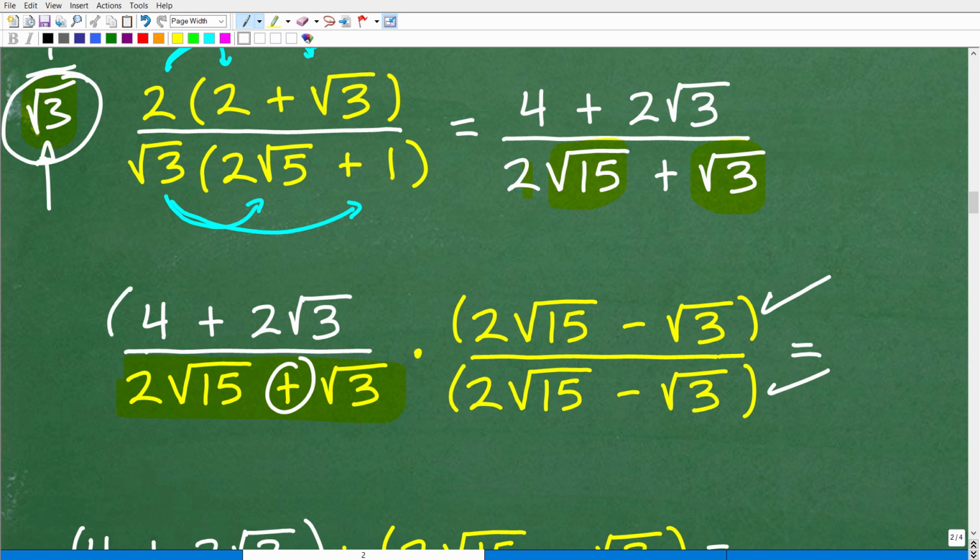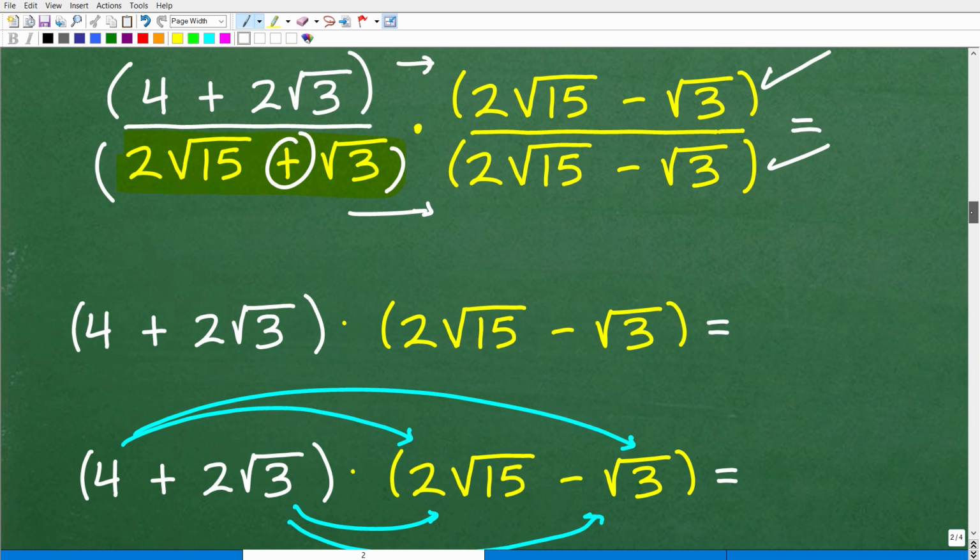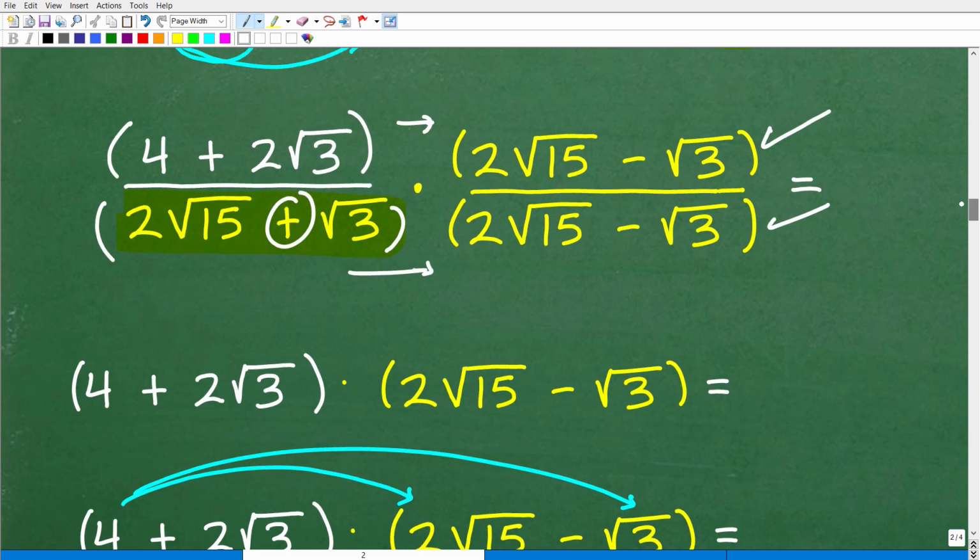Now, when we multiply the denominator times the conjugate and the numerator times the conjugate, when we do all of that work, we will finally be done. So again, a good amount of work as I promised. Let's go ahead and do that work right now. Let's focus on doing the multiplication of the numerator first.